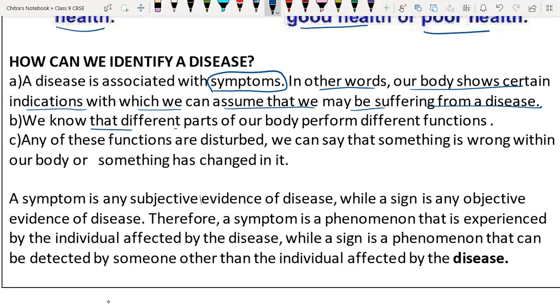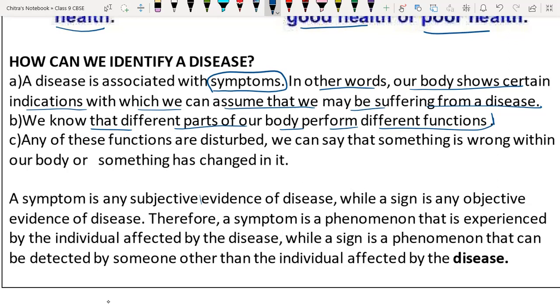We know that different parts of our body perform different functions: the heart performs the circulation, our digestive system performs digestion and absorption of nutrition, and our lungs perform the respiratory function.